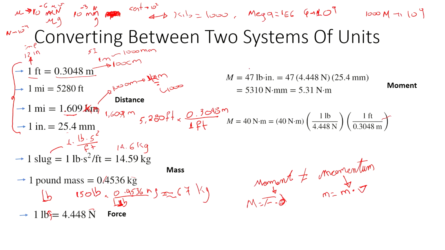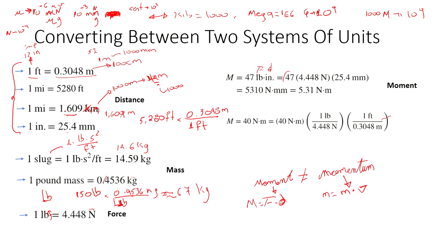But since right here we're going to talk about moments, we can transfer pound force. So it's basically units of force and units of distance. The units could be miles, feet, inches, whatever. And the unit of force could be either pound force or Newton. So 47 pound inches is, and we want to transfer that to newtons. So very easy.